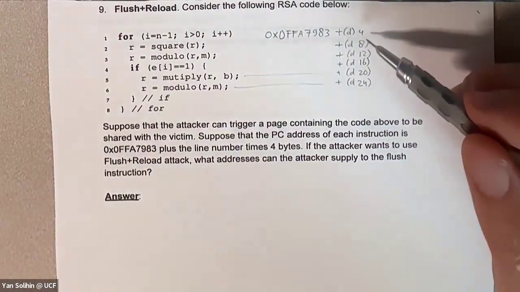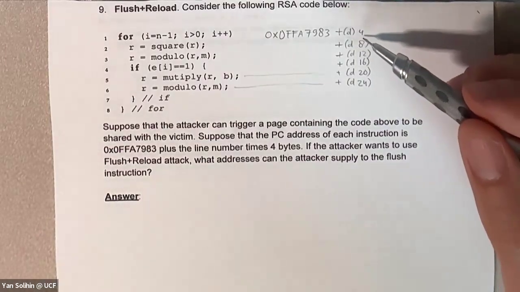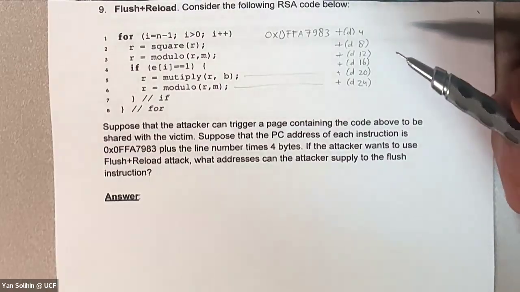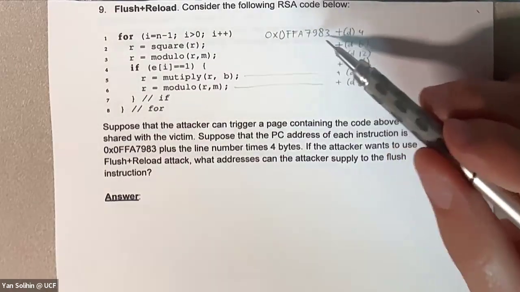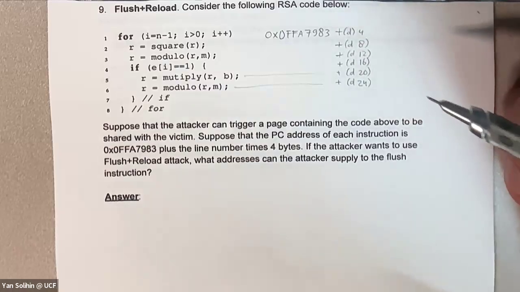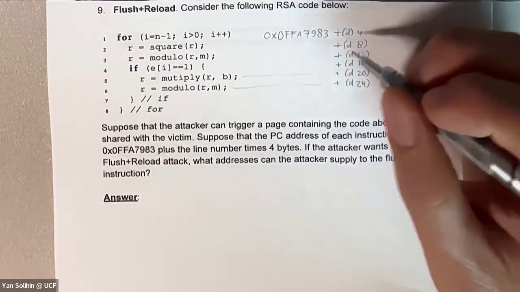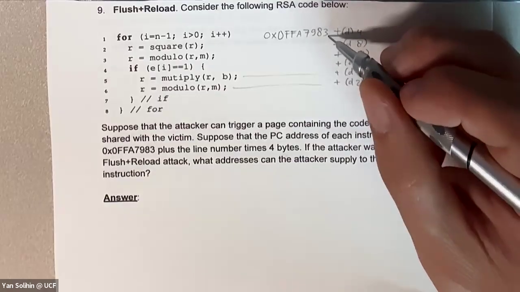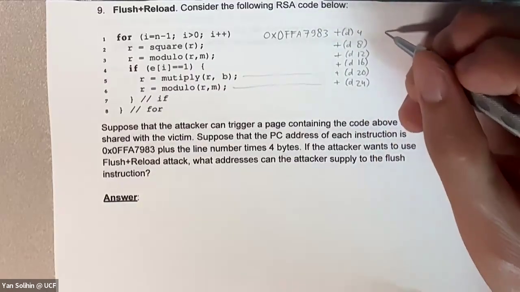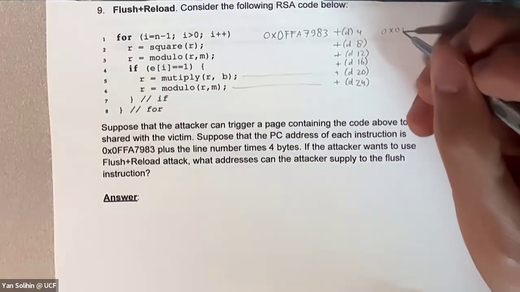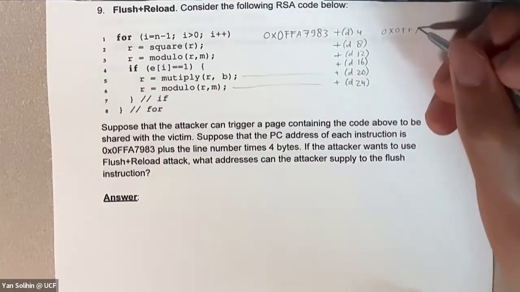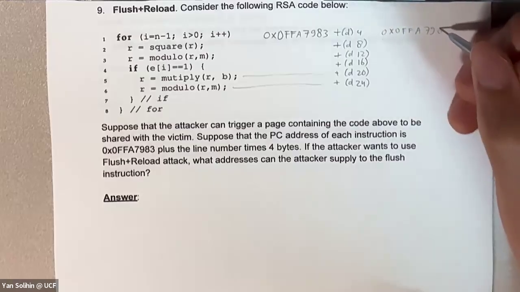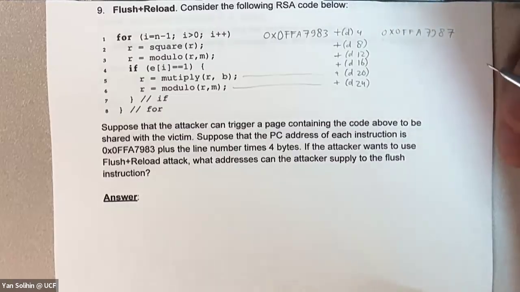All right, so let's perform the addition. The difficulty here is just converting into hexadecimal, but the first few are easy. You can just add 4 plus 3, that will be 7, so it will be 0x0FFA7987.